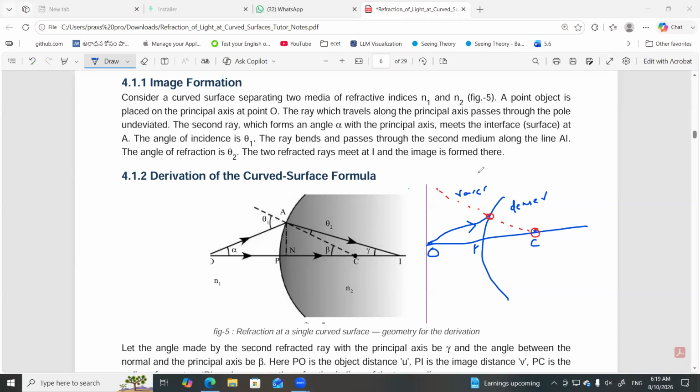Therefore, when a light ray is coming from rarer to denser, what should happen? It should bend towards the normal. Normal is this one. Therefore, instead of this one, it bends towards the normal. So where it meets, I am getting the image.